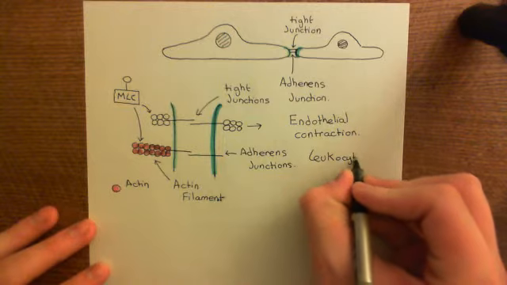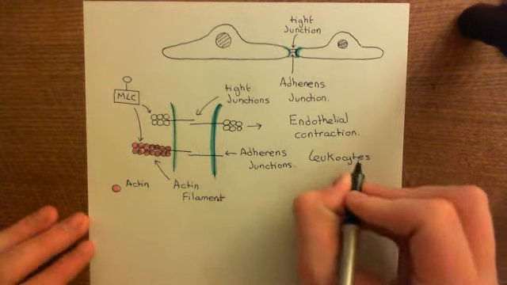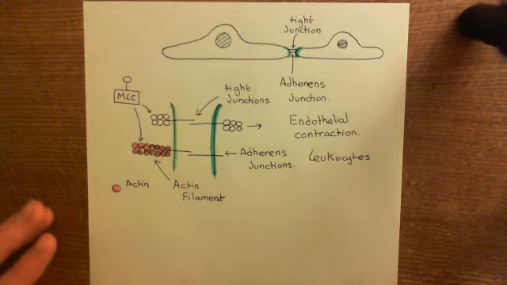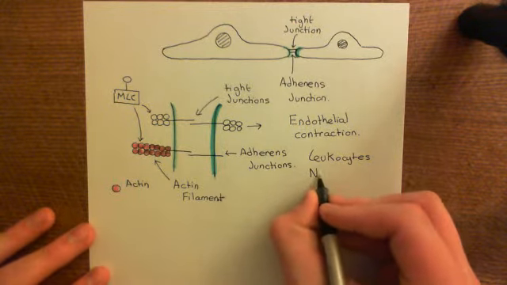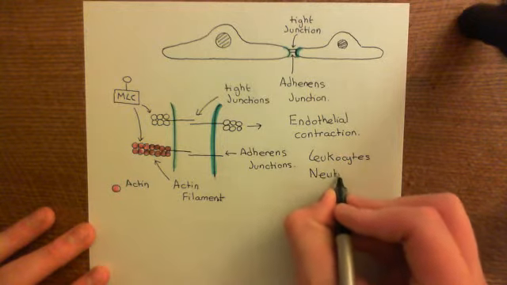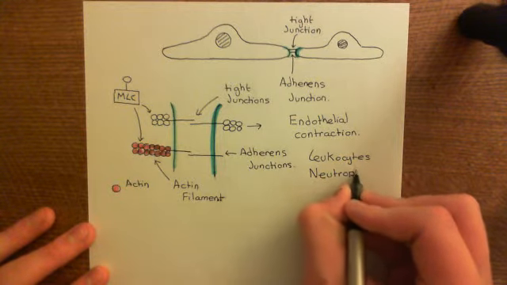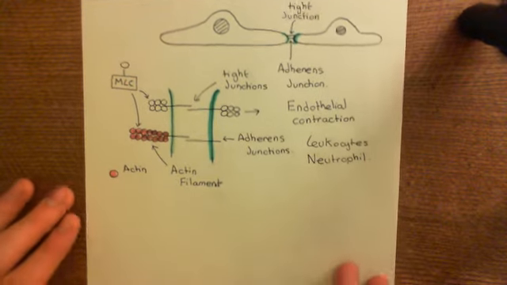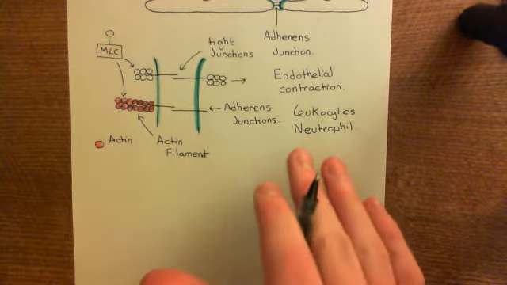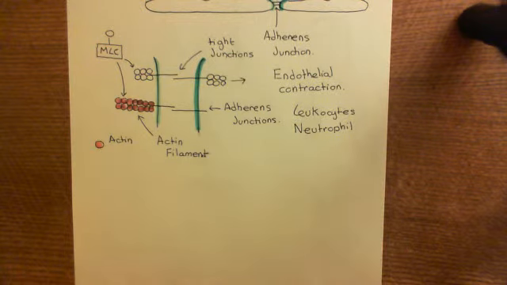Now the first type of leukocyte that is recruited by endothelial cells that have undergone type 1 activation is known as a neutrophil. Neutrophils are a major type of leukocyte within the bloodstream, and it's fair to say they are one of the dominant forms. They are quite a cheap cell to make, basically.